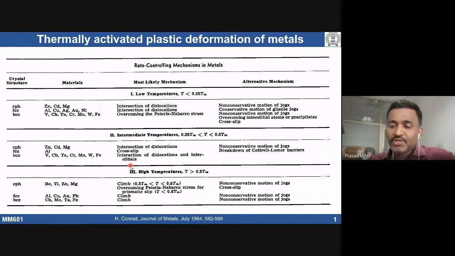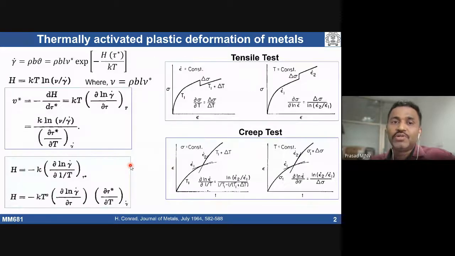Then we also discussed how to determine activation volume, which is defined as the change in activation energy or enthalpy with stress. The activation volume can be determined from different tests, using tensile testing or creep testing, as the material deforms at different temperature conditions, and we come to know what kind of rate controlling mechanism is taking place.